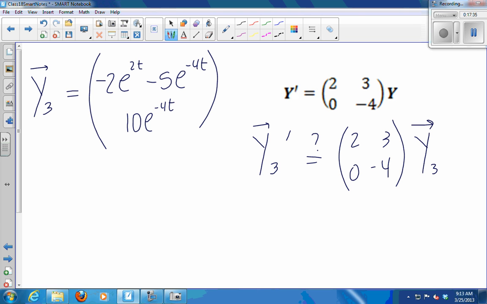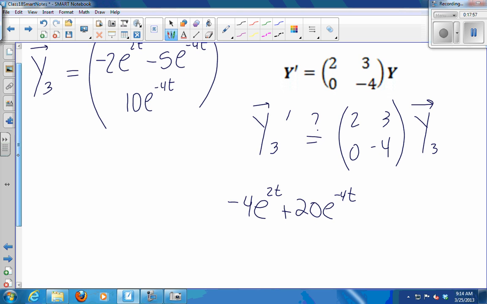Take the derivative of each component and we get negative 4 e to the 2t plus 20 e to the negative 4t as my first component. That's the derivative of the first component of y3. And then the derivative of the second component of y3 would be negative 40 e to the negative 4t.